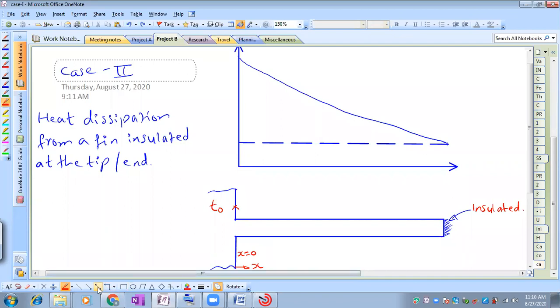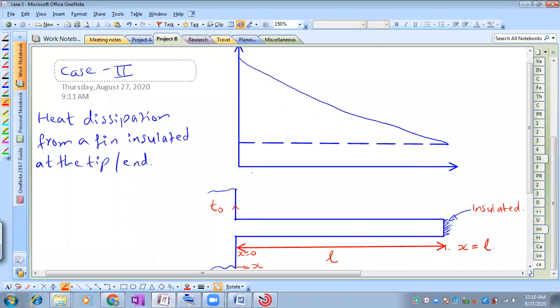And if I consider the length of the fin to be L, then at this point, X is equal to L.